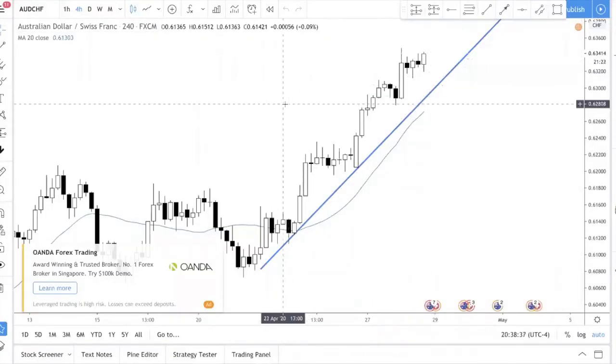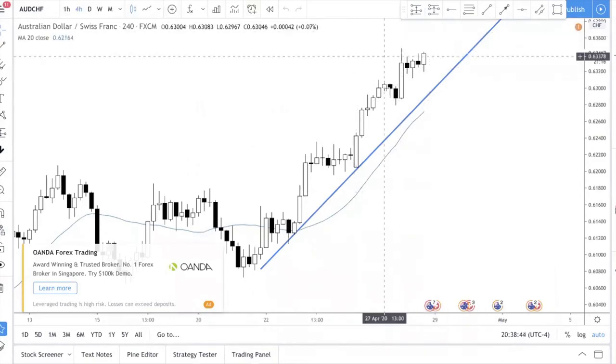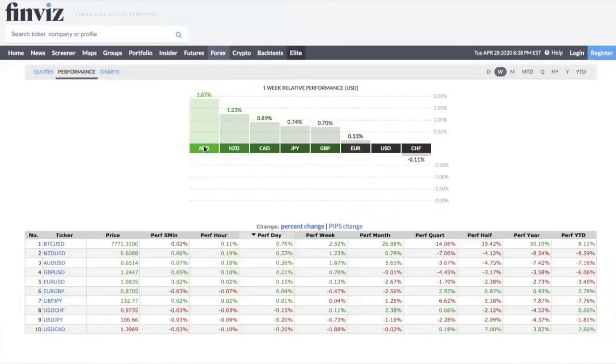You come over to, for example, a trading platform like TradingView, type in Aussie franc and look for opportunities. So this is what you want to do. You want to combine, for example, Aussie and franc, or Kiwi and dollar.